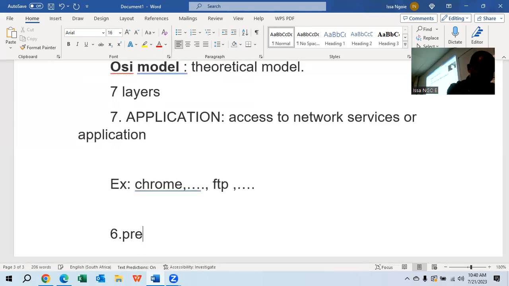Number 6. They will ask you which layer will make sure that your formatting is fine, that your data is well formatted, your message and so on. This is the presentation layer.